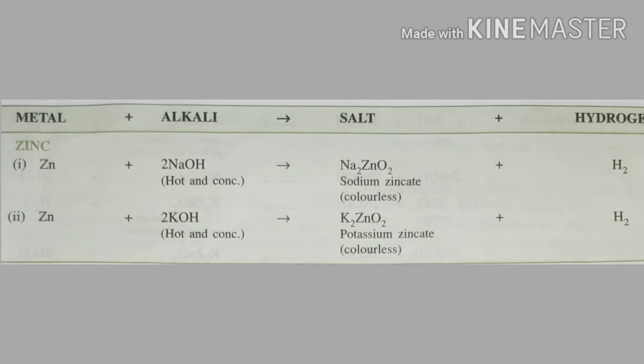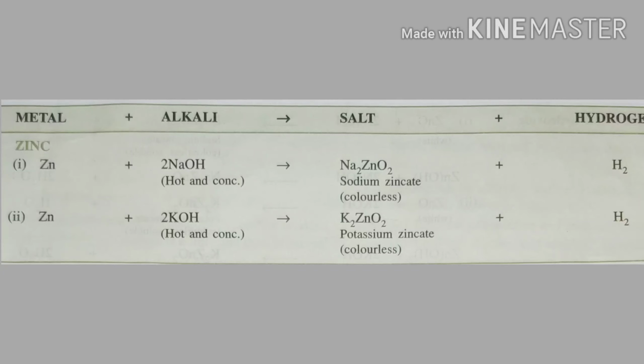Like this, when you take hot and concentrated potassium hydroxide and it reacts with an amphoteric metal like zinc, it also produces the salt plus hydrogen gas. What salt? It produces potassium zincate, and the formula is K2ZnO2.